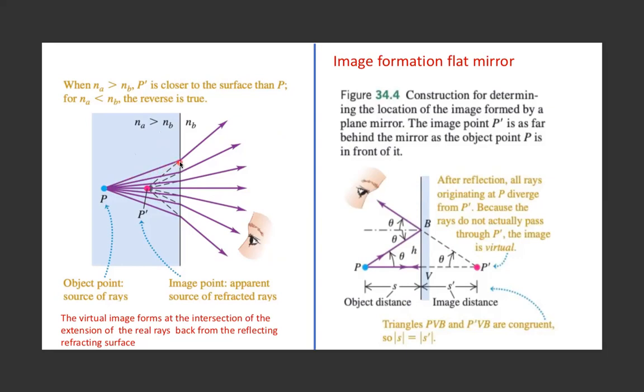When the ray coming from the source arrives at the interface, it will be deflected away from the normal. If I draw the line here, which is the normal to the surface, the place with the higher index of refraction is close to the normal.